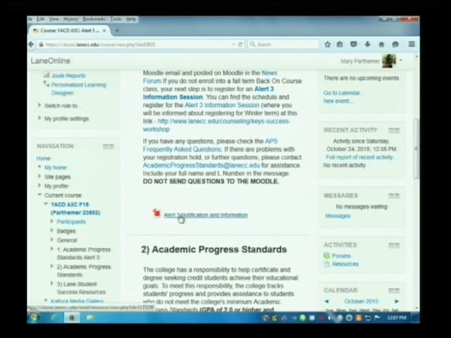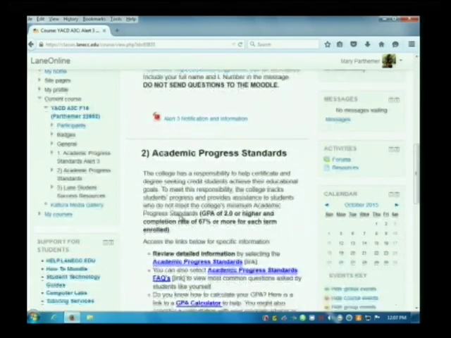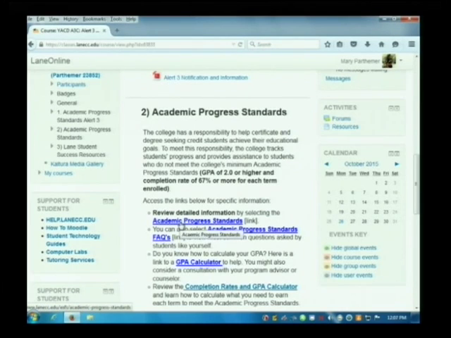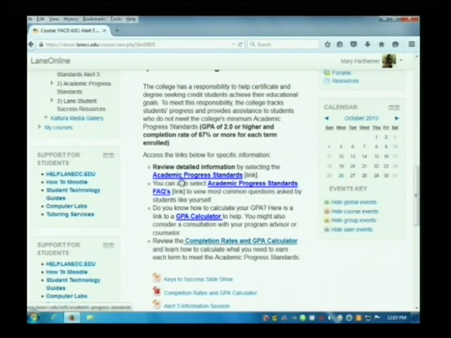And here's information that would have gone out at the beginning of this term. There's lots of links so that you can review what the academic progress standards are. Here's a place to the frequently asked questions. So if you have questions about it, likely it's in this information, and it's good to review that anyway so that you know what's going on.